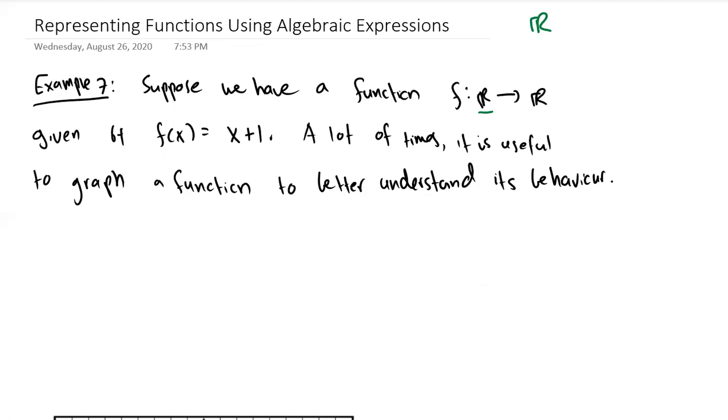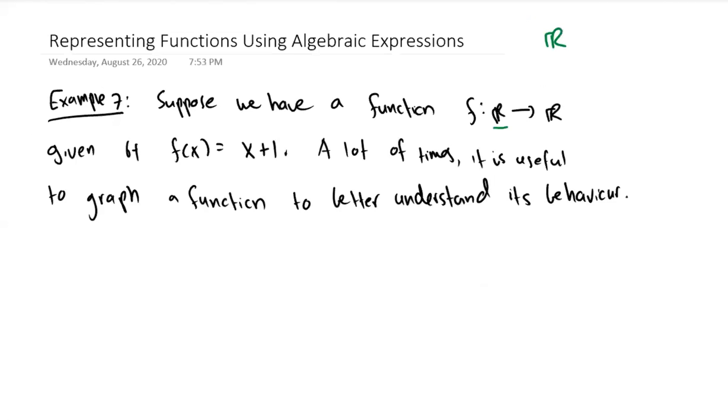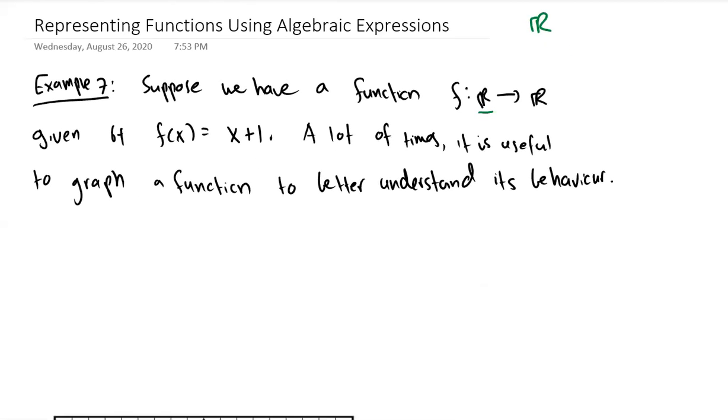So a graph allows us to visually see what is going on with these ordered pairs. So let me make a couple notes here before we actually start graphing. First, since a graph is used to visualize the function as a set of ordered pairs, it's useful for us to first write out what that set looks like.